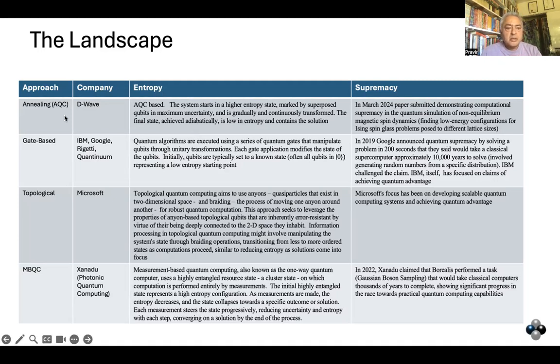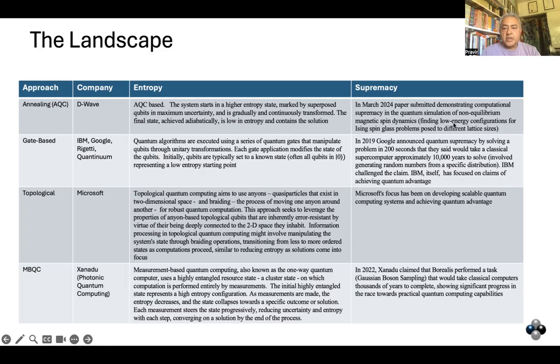When we look at annealing quantum computing, the system starts in a very high entropy state because all the qubits are put into a superposed state, which is a state of maximum uncertainty, but it's gradually and adiabatically moved towards low entropy, and that final state contains a solution.